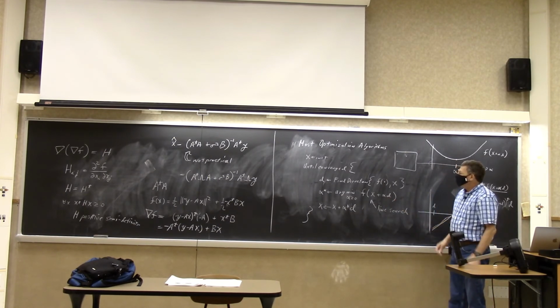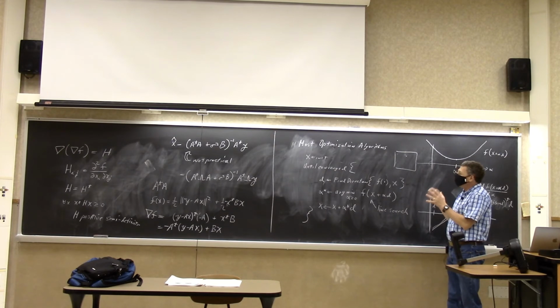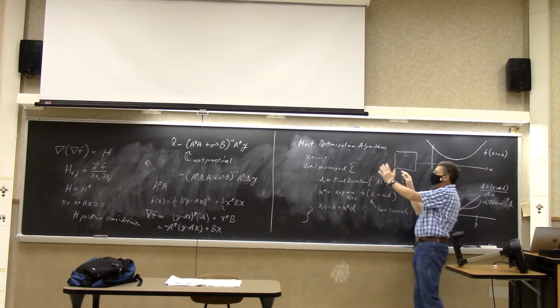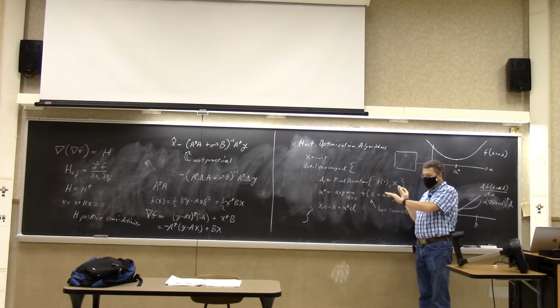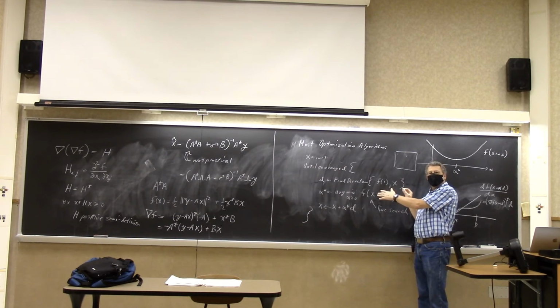So this is the overall framework, okay? Are there any questions about this? Because then I'll move on to the specific case of gradient descent, okay?